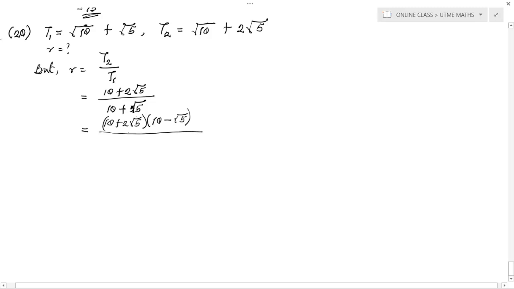The determinant is the lower part. So you write the lower part again, multiplied with the conjugate, which is root 10 minus root 5.